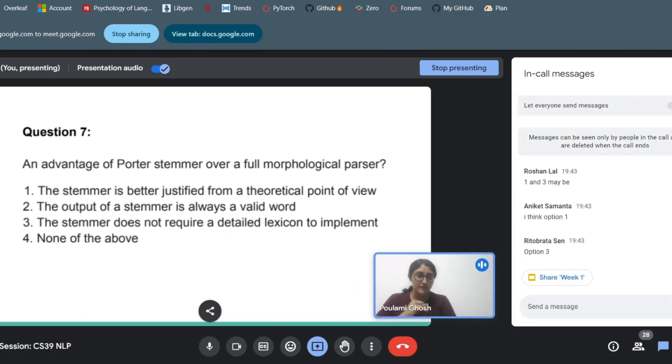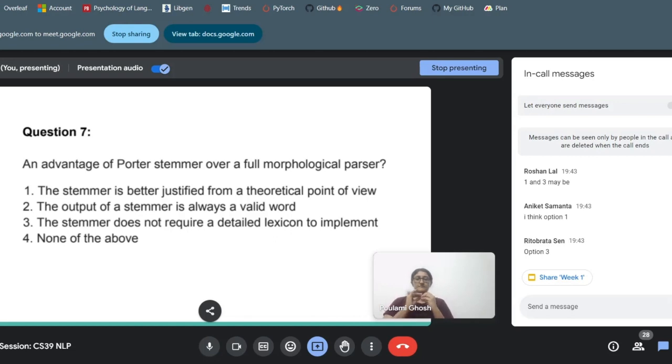Okay, how about Aniket? Aniket also thinks it's option 1, same as Ashwini. Ritobroto has said option 3. So Ritobroto, why do you think it's option 3?